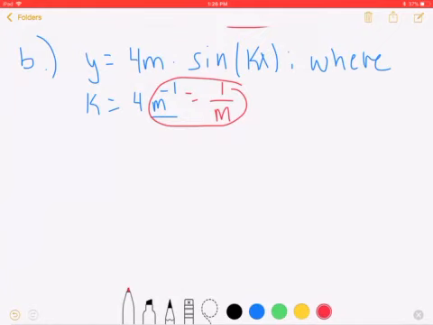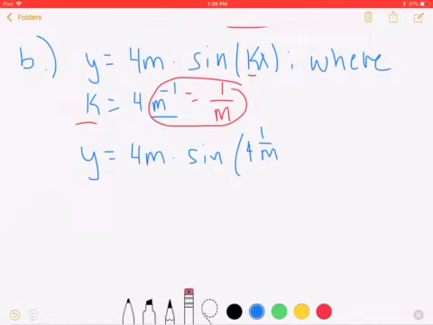So what we're going to do is take this k, plug it into our original equation, and simplify it to see if our dimensions are consistent. So we have y equals 4 meters times the sine of 4, 1 over meters, times x, that whole quantity.